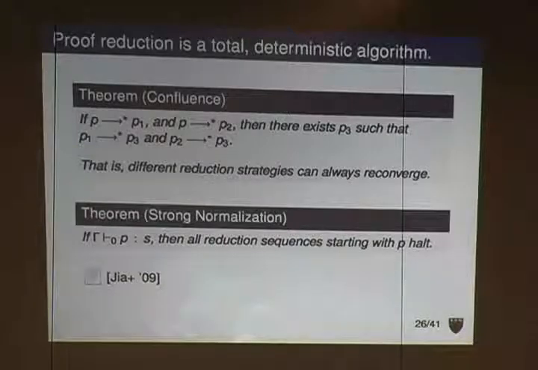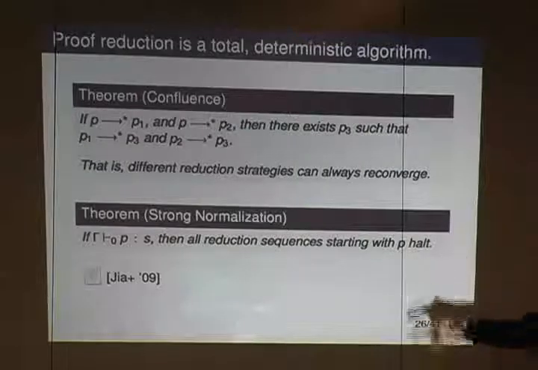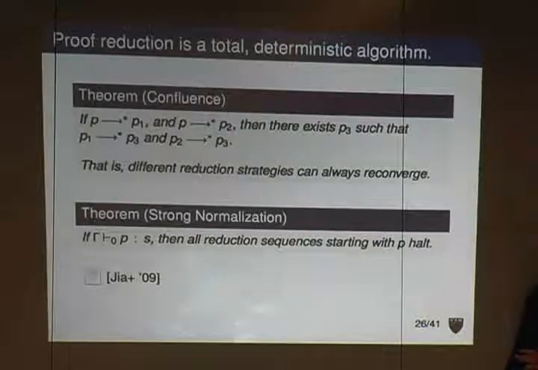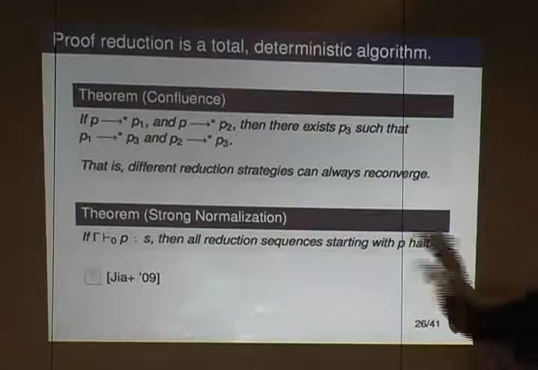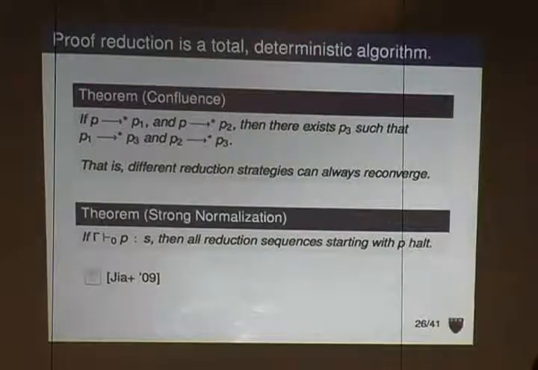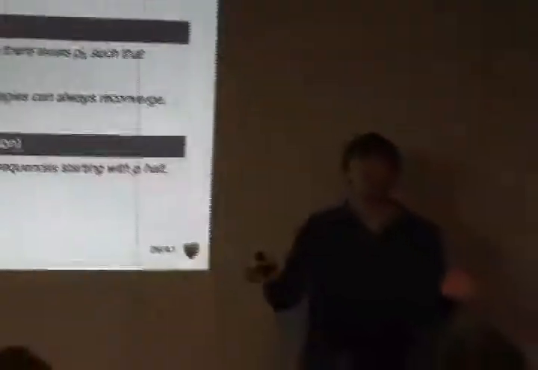But we actually showed for Aura, in my thesis I only showed it for a subset of Aura, and Limin Jia just wrote a paper where she extended this proof to the full system, showing that if we take two proofs, there's some non-determinism when you try to do reduction. The non-determinism is inessential.